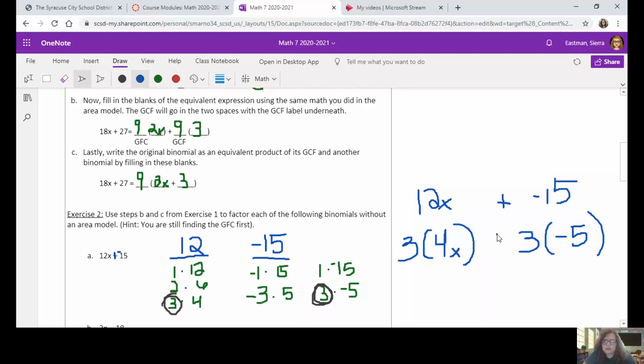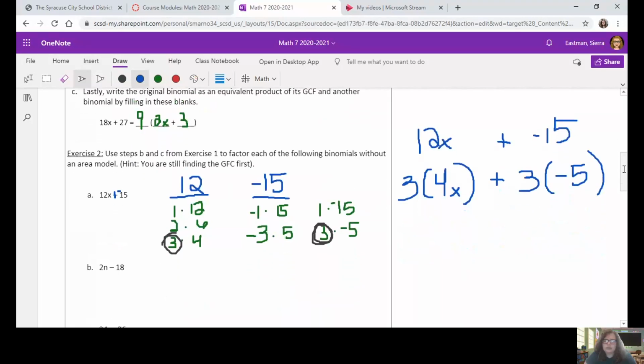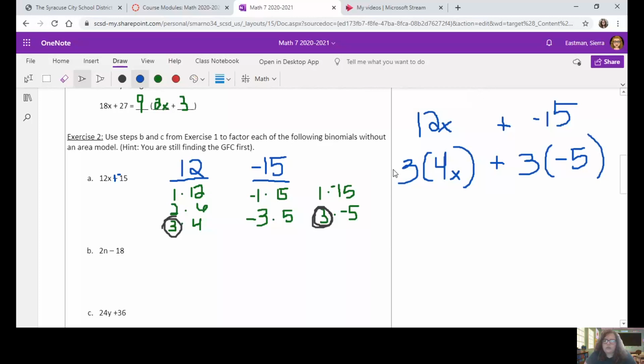And as you guys can see, that looks like step B. Okay, we have our GCF 2 times, and then we have our other factors. We've broken down the 12x into pieces and broken down the negative 15 into pieces. So now I'm going to do one last step, just like step C, and kind of combine these terms here.